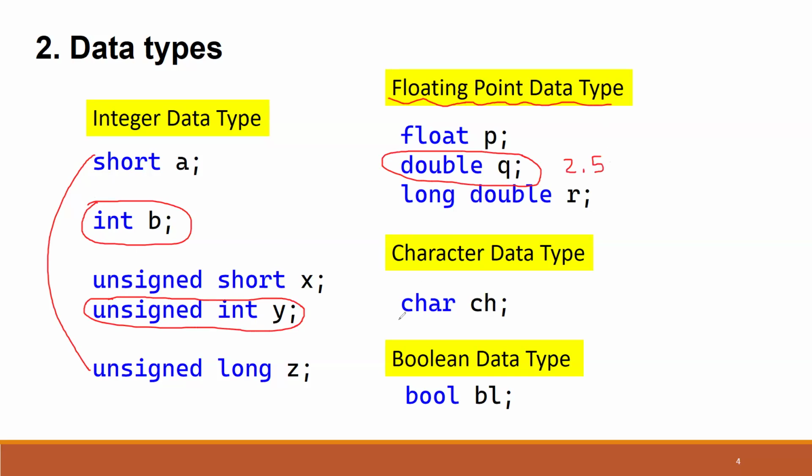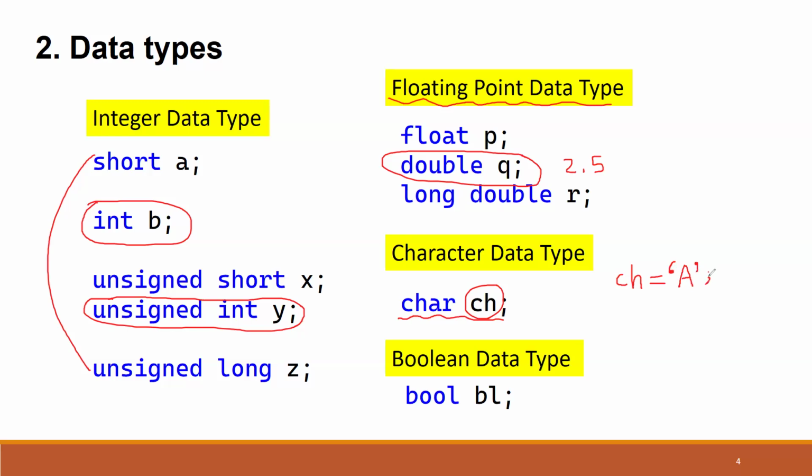And char, the character data type, is important when you save only one character. So in ch, I want to save a, then you must have single quotation marks, a single quote like this.